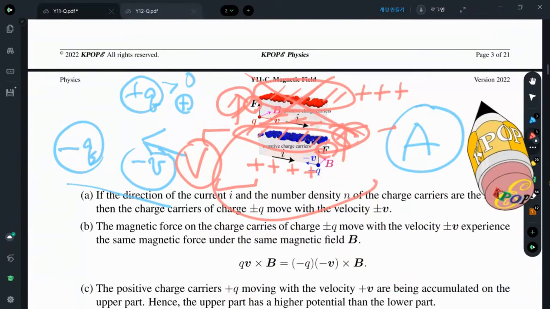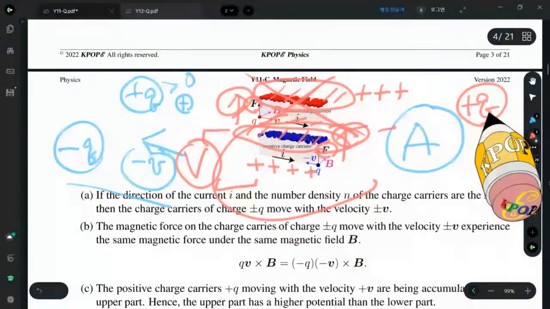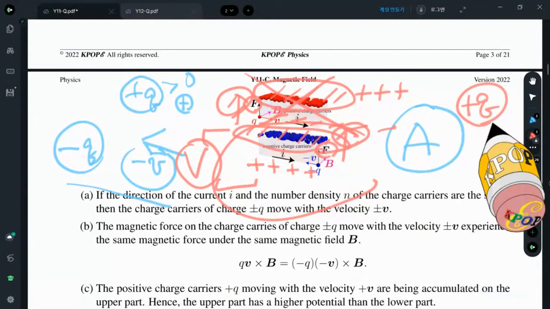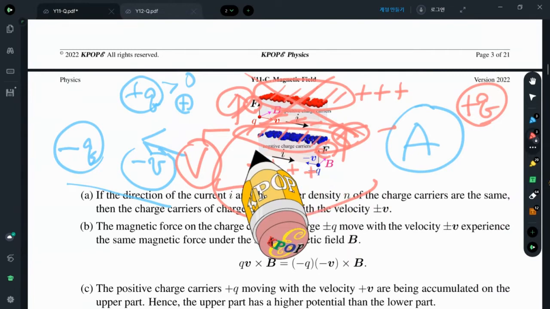Benjamin Franklin introduced the charge sign, assuming a positively charged particle was flowing, and he was wrong. Everybody was wrong. Hall was the first person who found that the charge carriers are negatively charged.